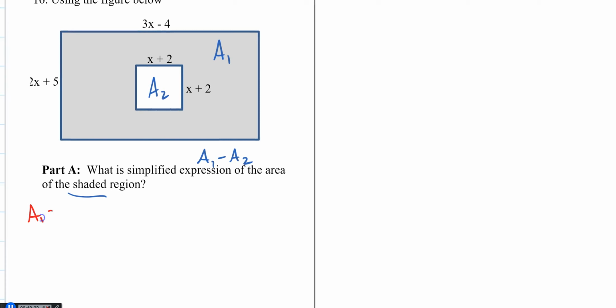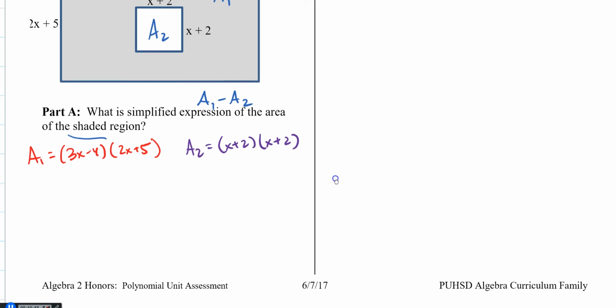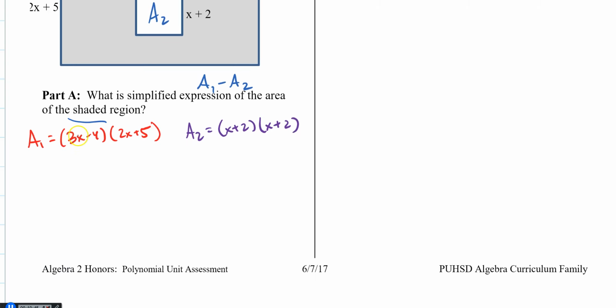So A1 is the product of 3x minus 4 times 2x plus 5. And A2, let me use a different color here, A2 is the product of x plus 2 times x plus 2. So we can go ahead and figure out what this is going to be by simplifying. Again, I'm going to distribute this out.